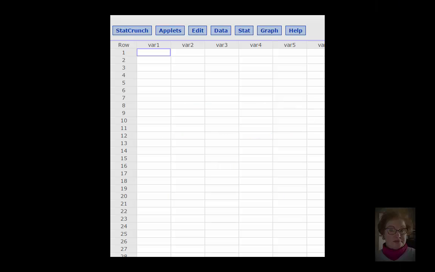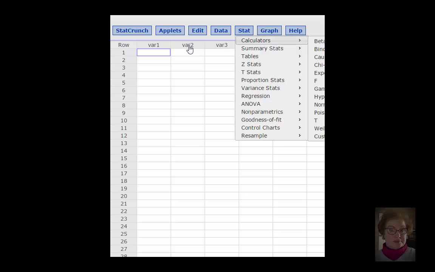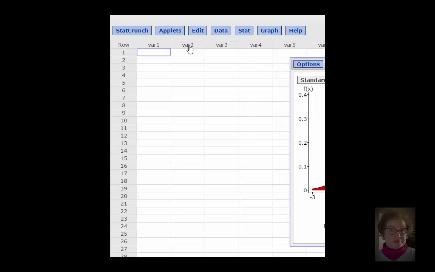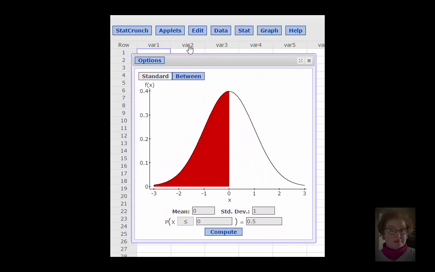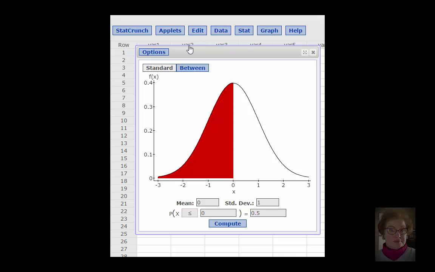Okay, let's look and see how we do those same problems using StatCrunch. So I've already opened up a blank table, and I'm simply going to go to Stat, Calculators, and Normal, and then I'll move my normal calculator back into your field of vision.